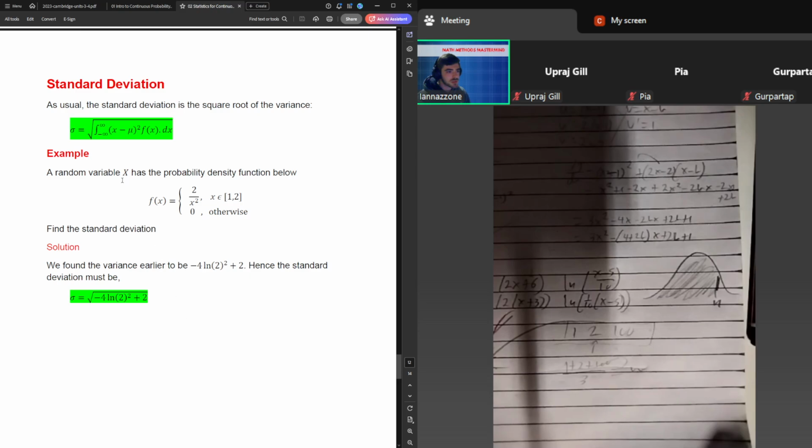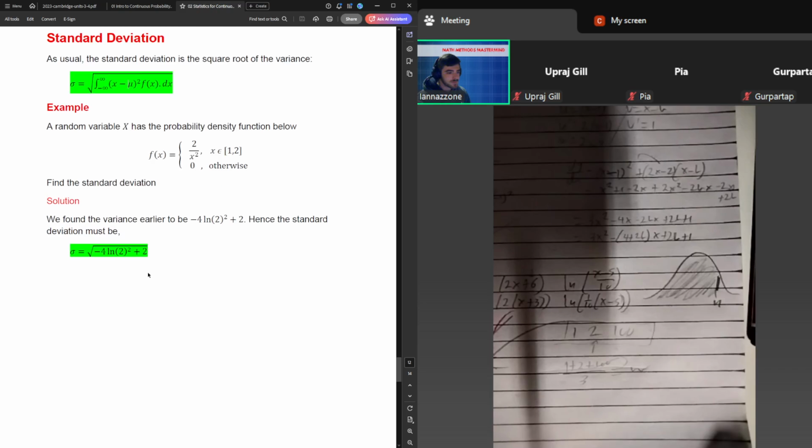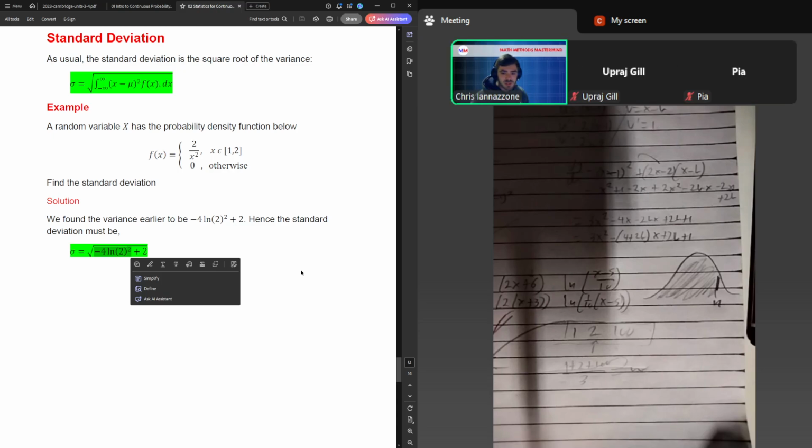There's no real point. Standard deviation, super easy as well. It's always just the square root of variance. So if you know your variance equation, which you will, it'll be on your formula sheet. Literally all you do is slap a square root at the end of it. So if we already found our variance before was that, then the standard deviation is just the square root of that. Worth pointing out, just because there's a negative on that logarithm doesn't necessarily mean that you can't take the square root.